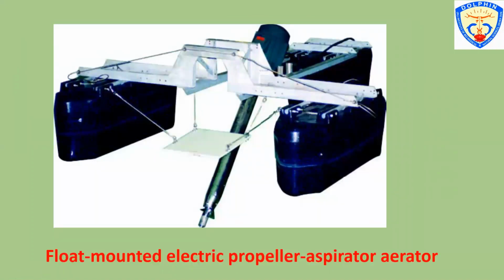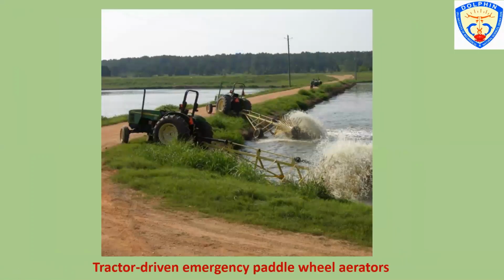This is a float mounted electric propeller aspirator aerator. This is a type of tractor driven emergency paddle wheel aerator. That means if the conditions are not good in the pond and there is a deficiency of oxygen, the emergency tractor driven paddle wheel aerators could be used, and they will enhance the oxygen carrying capacity of the water.